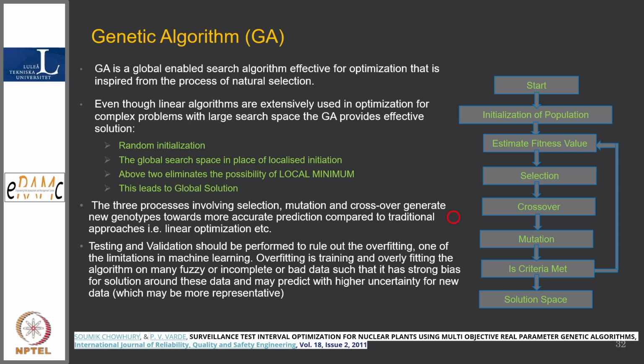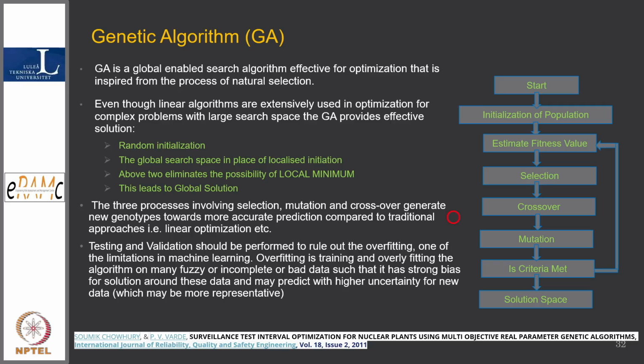That is where the genetic algorithm works. And why does it work and produce better results? Because its power is random selection, which can be anywhere in the space. That means the chance of a localized solution is eliminated.